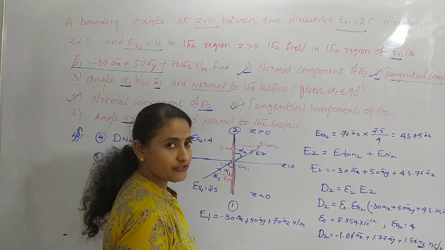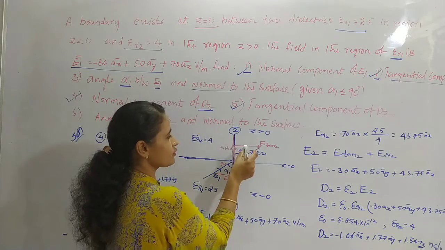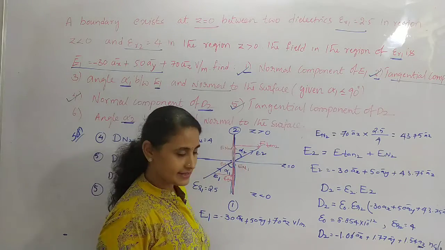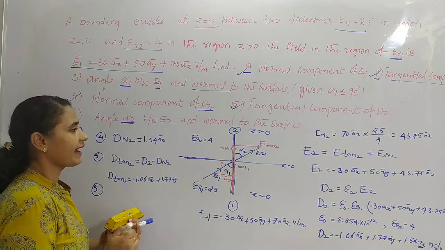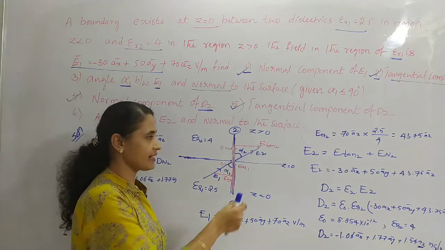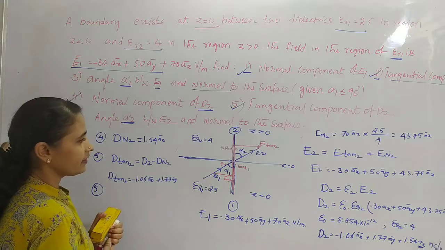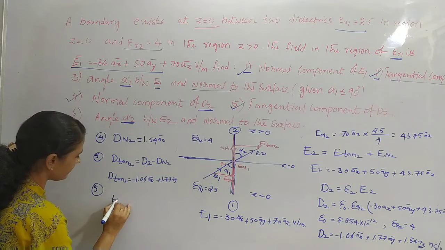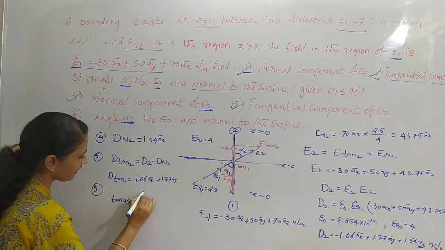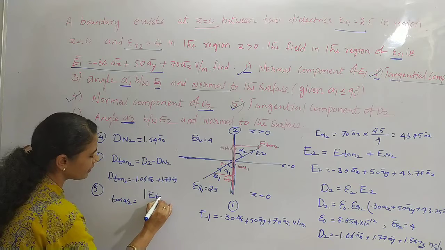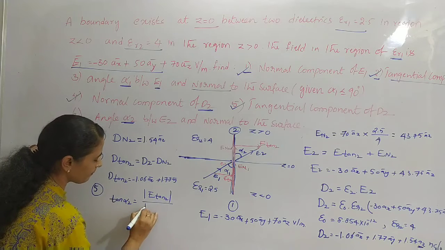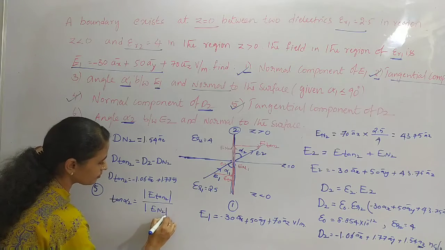En2. If you apply the tan function, it is opposite side by adjacent side. So tan alpha 2 is opposite side Et2 and adjacent side En2. So tan alpha 2 is given by magnitude of Et2 by magnitude of En2.